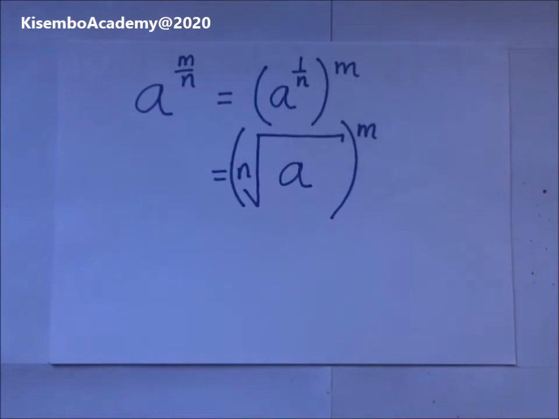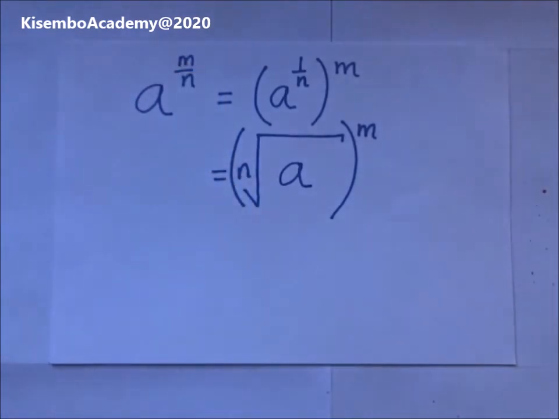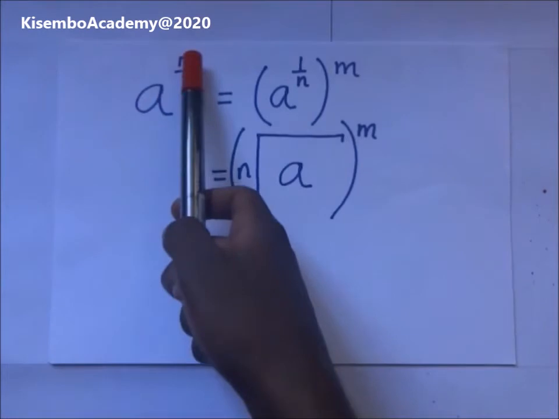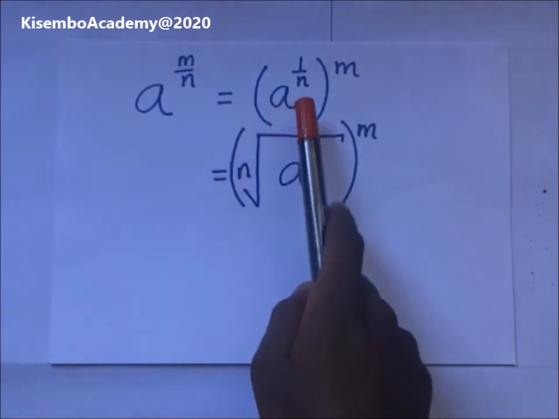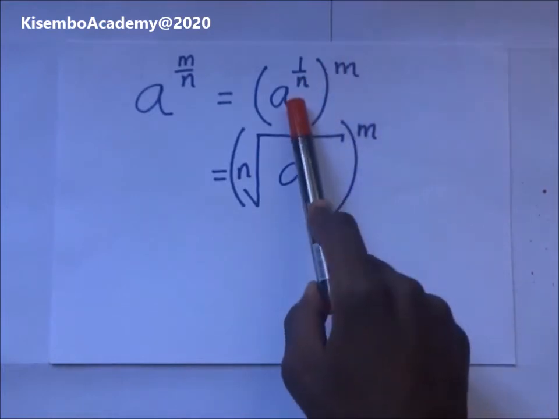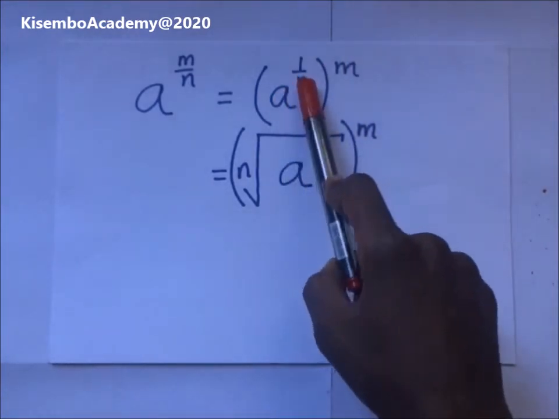So right on our screen we have a fractional index, a to the power m over n. Now, there is another interpretation of this. A to the power m over n is the same as a to the power 1 over n times m, and this is the same as the nth root of a to the power m.